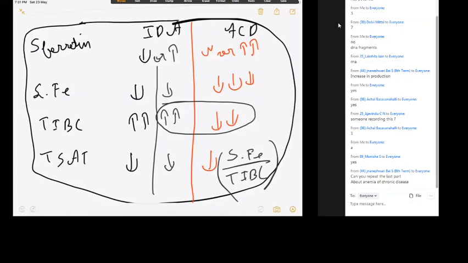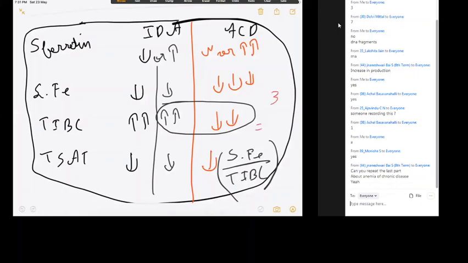I'll give you values if you want an example. See, serum iron was 3. Let's say your transferrin is around 8. Now I'm telling you your serum iron has decreased. Let's say it has become 1.